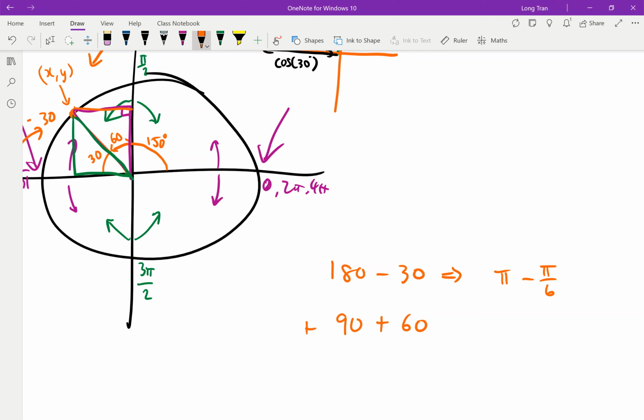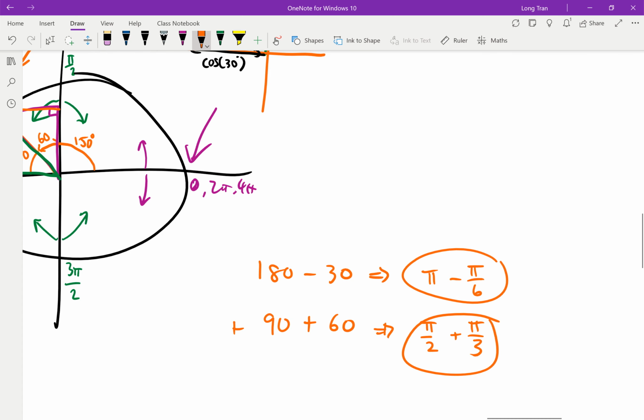Or you can say pi on 2, in this case, is not pi on 6 now, it's adding pi on 3, which is adding that. So these two will give you the same result. This is 5 pi on 6, and then you'll see here, if you work it out, that's 3 pi plus 2 pi on 6, which actually works out to be 5 pi on 6 as well.